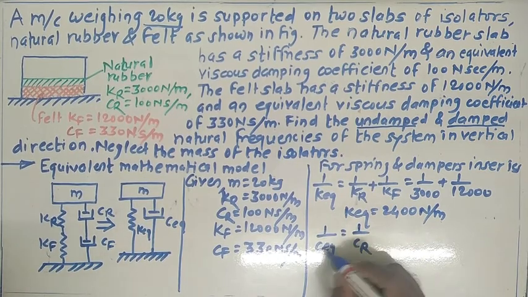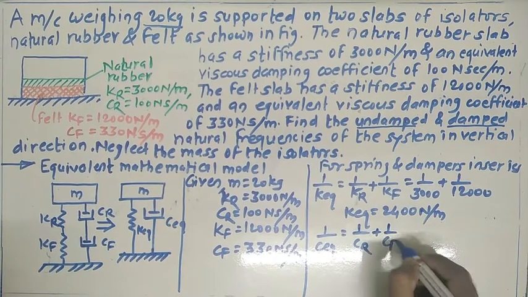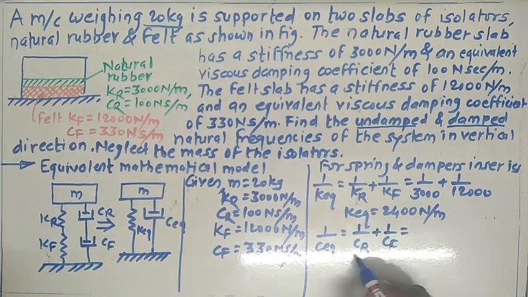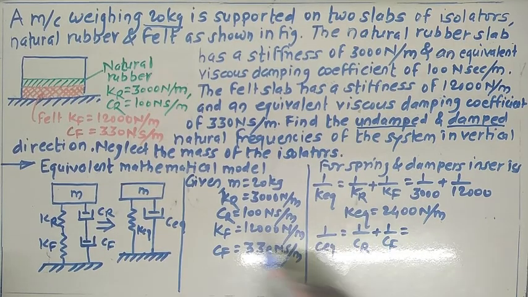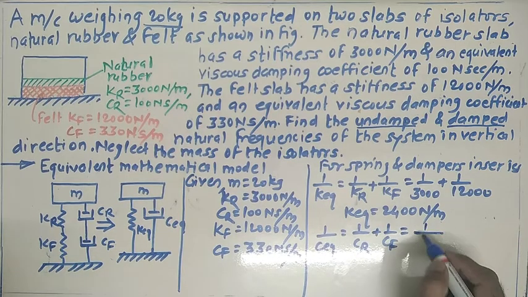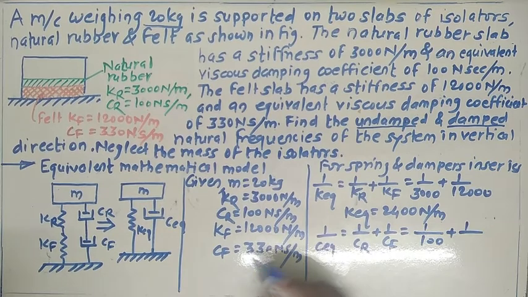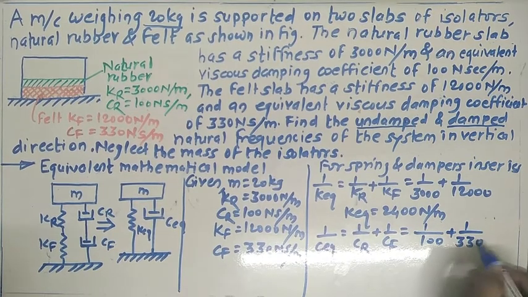Similarly, you can get the equivalent damping coefficient involved in the system: 1 upon c equivalent equals 1 upon cr plus 1 upon cf. The values for cr and cf are already with us. Just substitute: 1 upon 100 plus 1 upon 330.